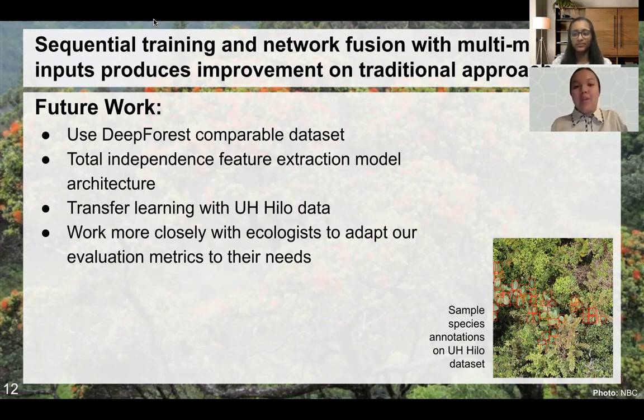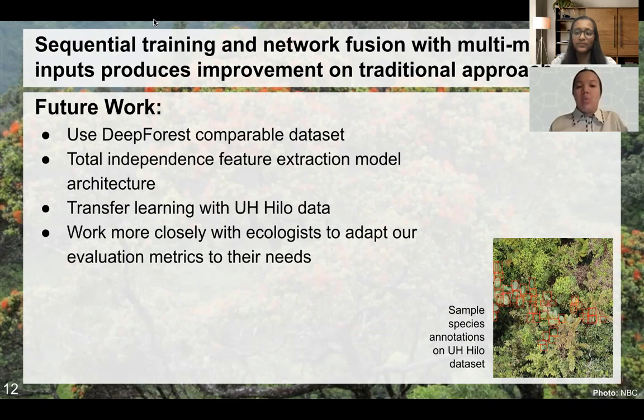However, a really big what if still remains of whether or not the deep forest is actually better than our method, since, as you remember, the precision and recall were 0.69 and 0.61 for deep forest, and we did not achieve that as yet.